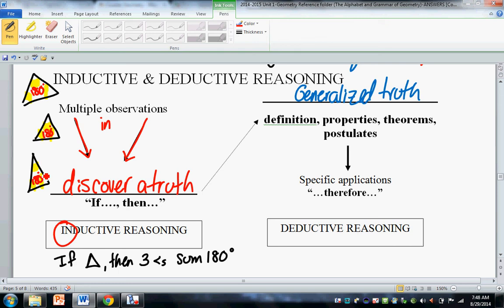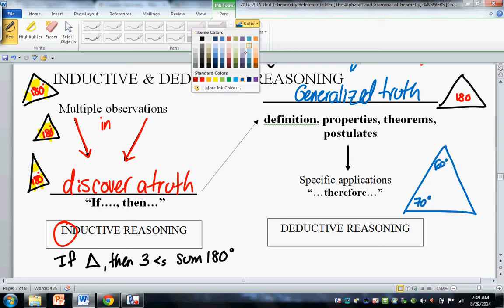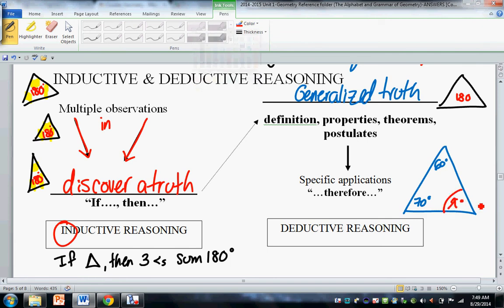That's inductive reasoning. Deductive is like this. You take the truth, triangles add up to 180, and you apply it to a certain situation. So for example, let's say I have a problem where up here this is 60 degrees, down here it's 70 degrees, and I want to find this angle, we'll call it x degrees.